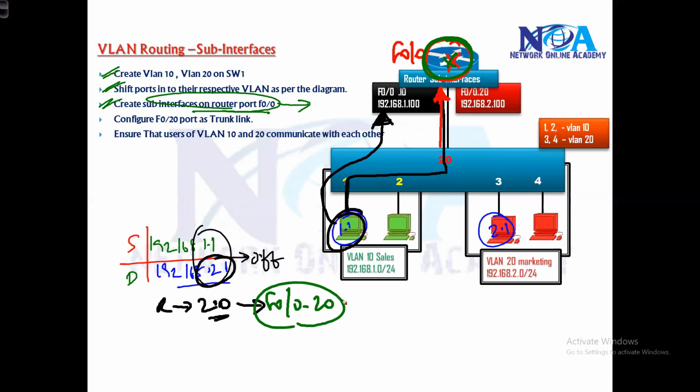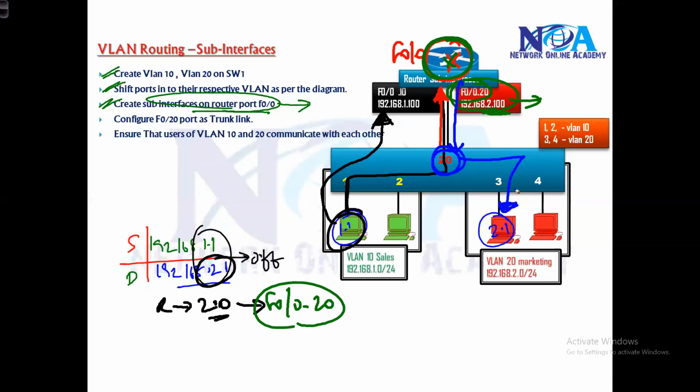The 192.168.2 subnet is on F0/0.20. So it says you need to go back here again, back to port number 20. From there it again goes to either port number 3 or 4, depending upon the destination.